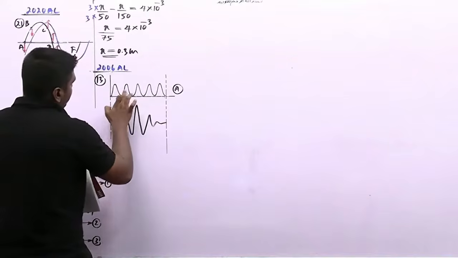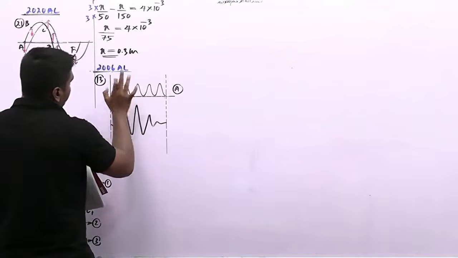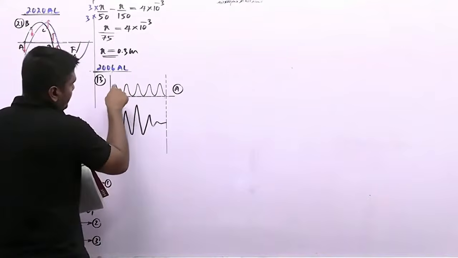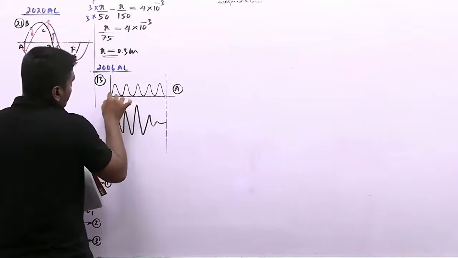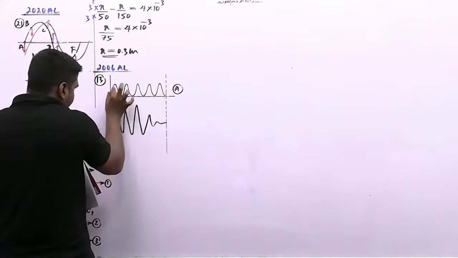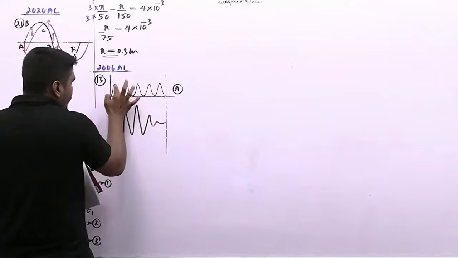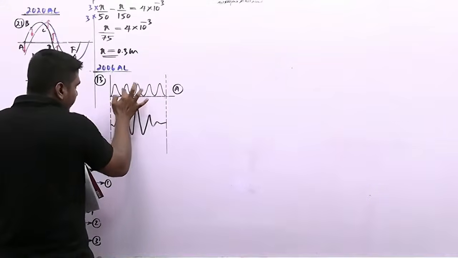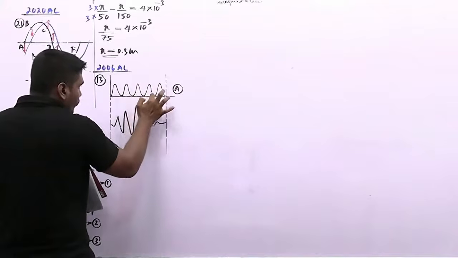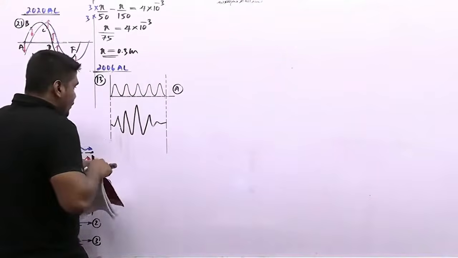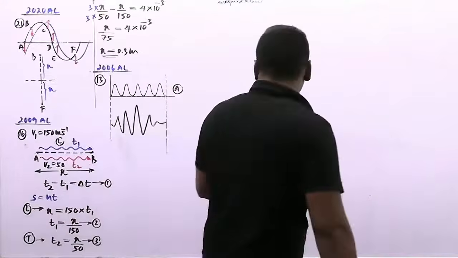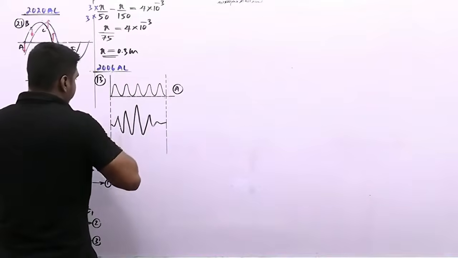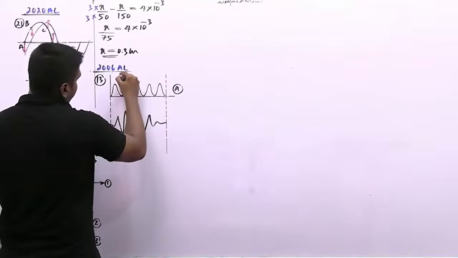Now look very carefully. Now we can see the wavelength in this scenario. You can see the same form repeating again and again. 1, 2, 3, 4, 5. That means this gap is equal to one wavelength.